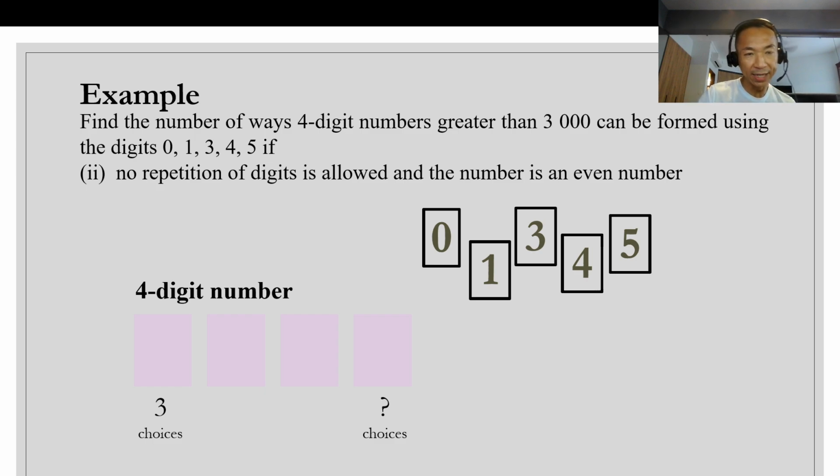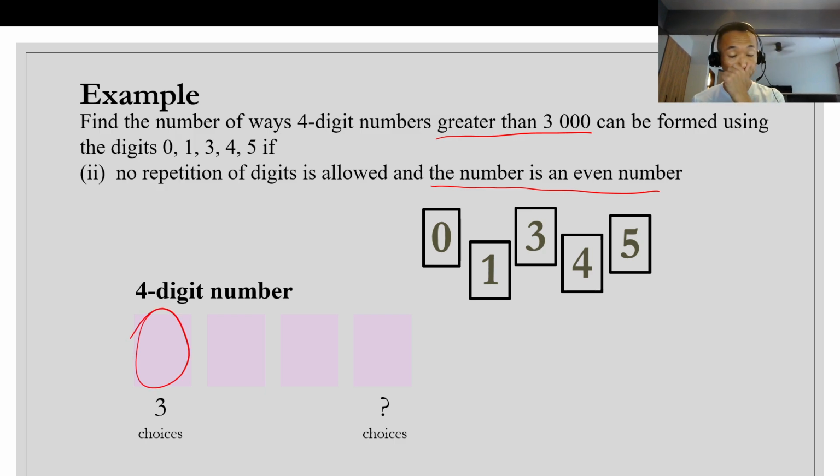Part 2, and there's an added layer to it where you want the number to be an even number. You still want it to be greater than 3000, so you have a restriction on the first digit. If you want it to be even, you have another restriction for the last digit. The last digit must be even.